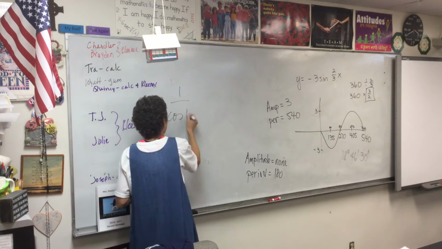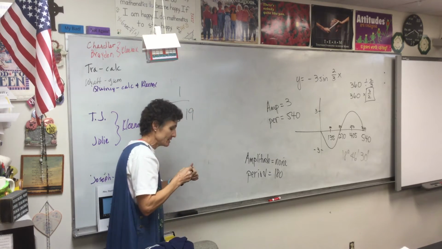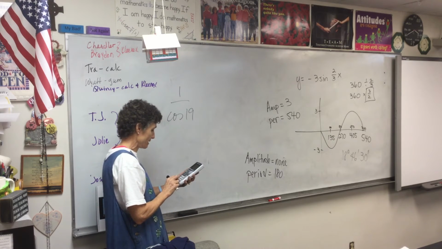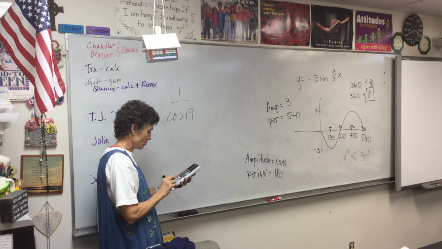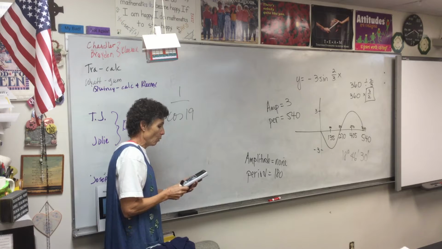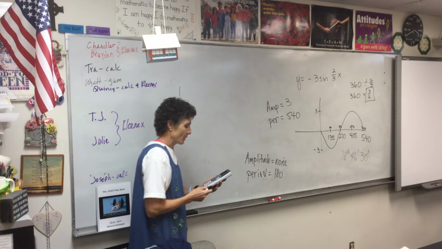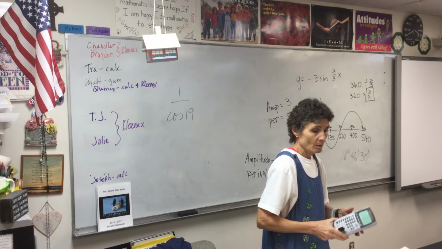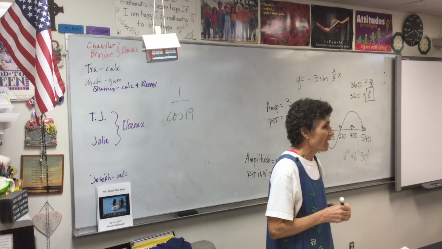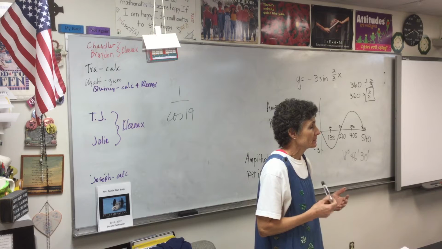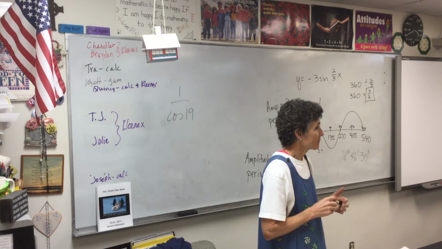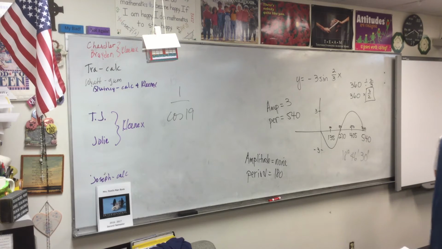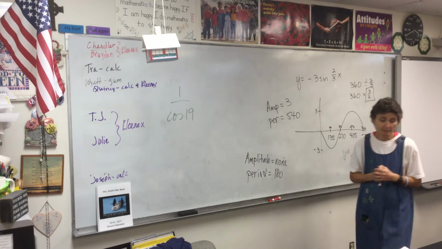So you're going to type in simply 1 divided by cosine 19. 1 divided by cosine 19, 1.0576. Is that all right with everybody? How do we type a secant in on our calculator? 1 divided by cosine. Perfect.